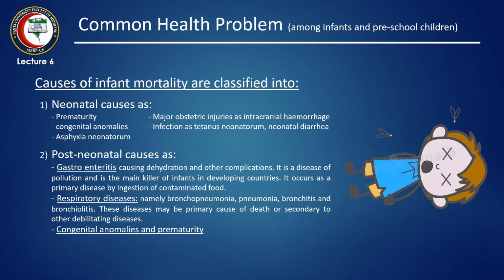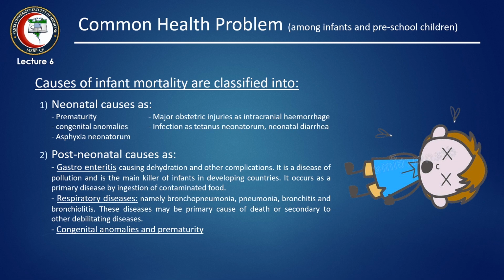The first, neonatal causes, include prematurity, by which I mean low birth weight, weighing 2,500 grams or less at birth, irrespective of duration of gestation, or low birth weight preterm infant, by which I mean newborn before the age of 36 weeks of gestation.